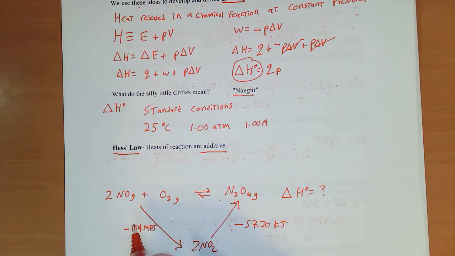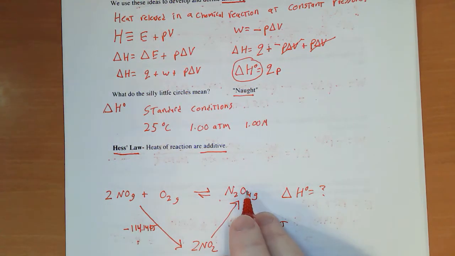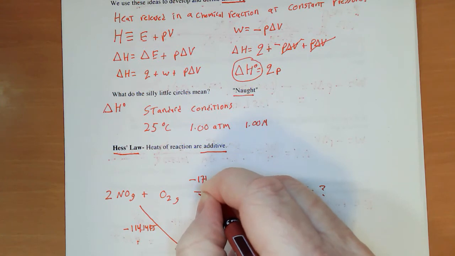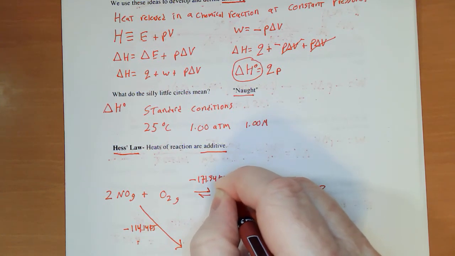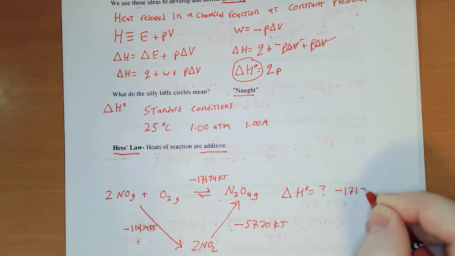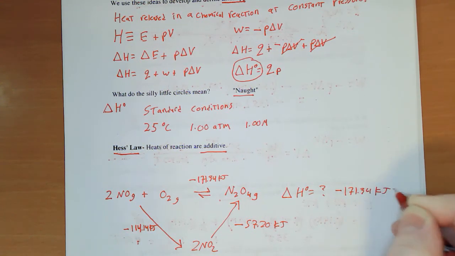I can realize that a state function is independent of path. So it doesn't matter whether I go from here to here. I can go here to here, here to here, and I'm going to end up with the same value, which is negative 171.34 kilojoules, if I did that right in my head. Yeah, I'm pretty sure I did. Okay.